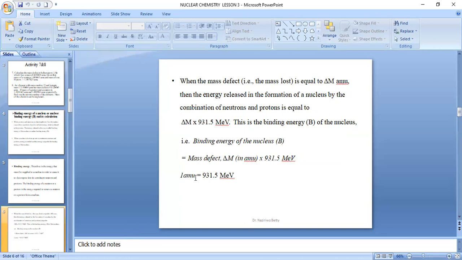So 1 mu is equal to 931.5 MeV. So to convert the mass defect into energy, we multiply by 931.5. Therefore, the binding energy of that very nucleus is equal to the mass defect times 931.5 MeV.